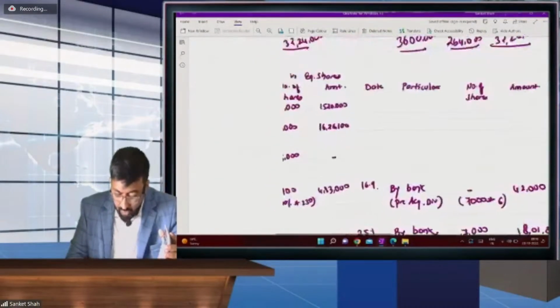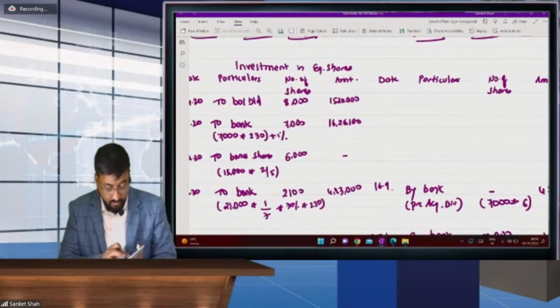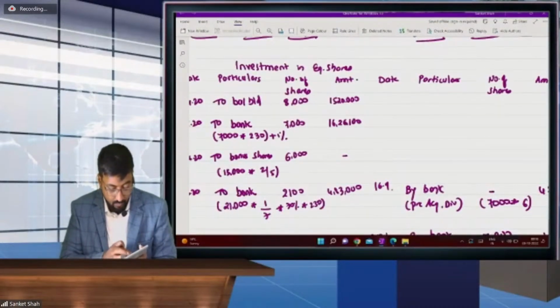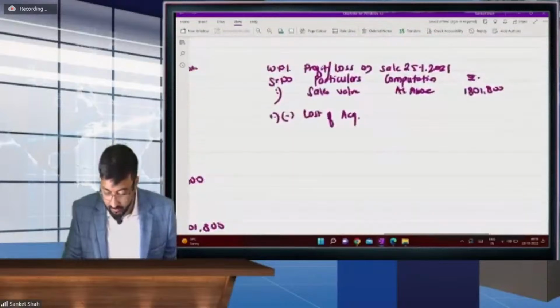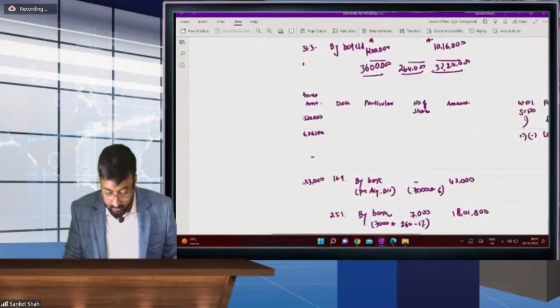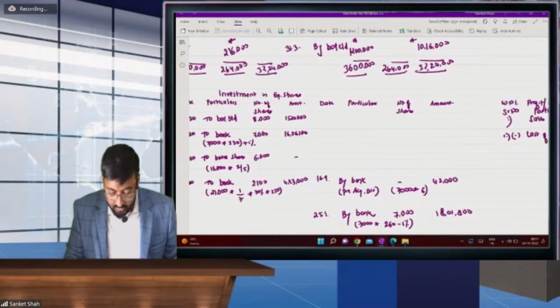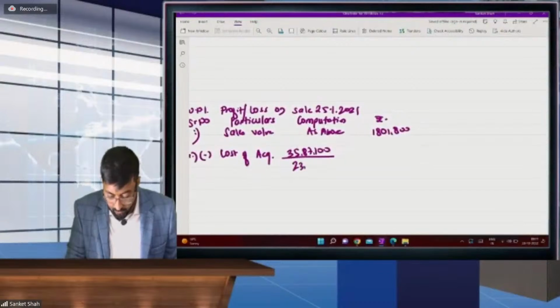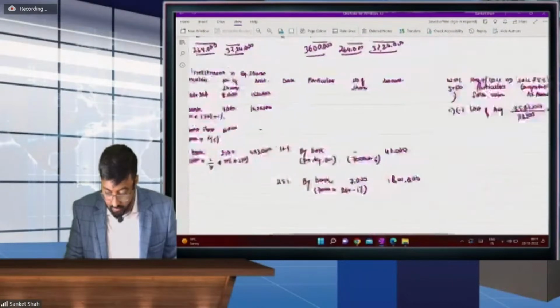Take it on the calculator, all these 3 items. 15,20,000. 1520 plus 1626.1 plus 483 minus 42. 35,87,100. Divide by 23,100 into 7,000.